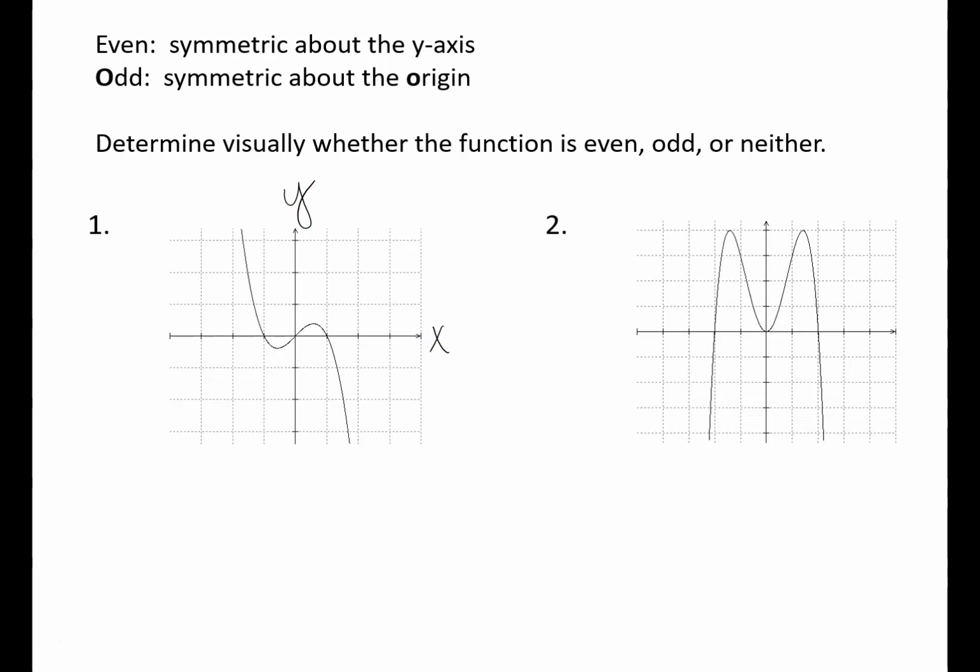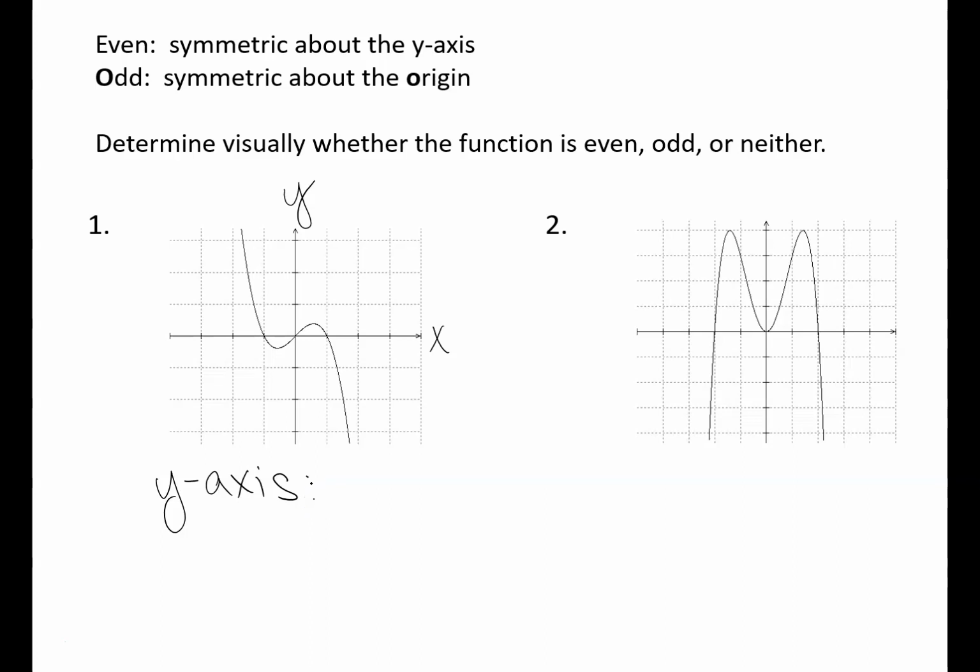It says determine visually whether the function is even, odd, or neither. And it is only going to be one of those. It can't be both even and odd. So what I would do is start by thinking about y-axis symmetry. So let's go ahead and write that down.